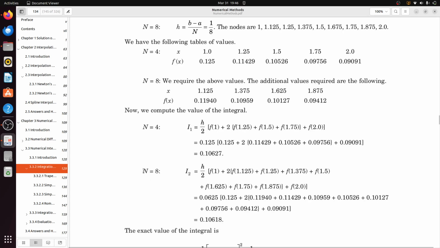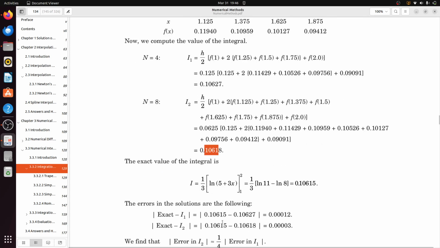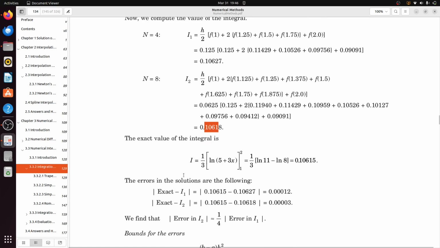Also you can compute for n equal to 8, where you get 0.10618. The exact value of the integral is 0.10615.